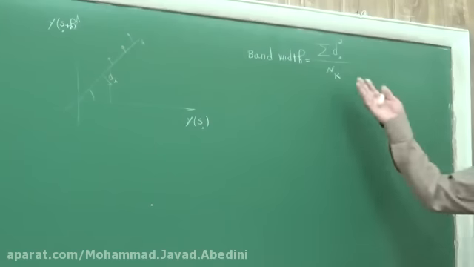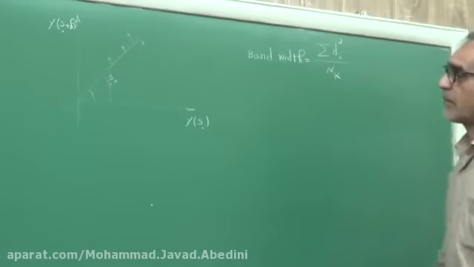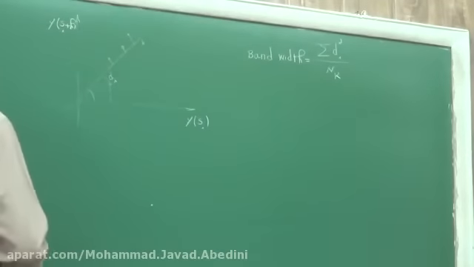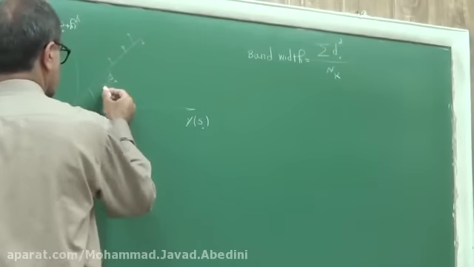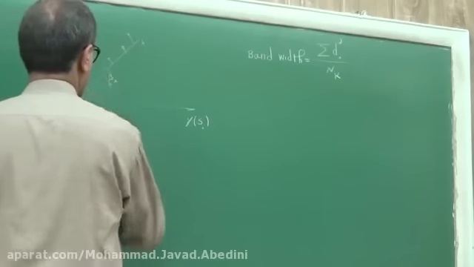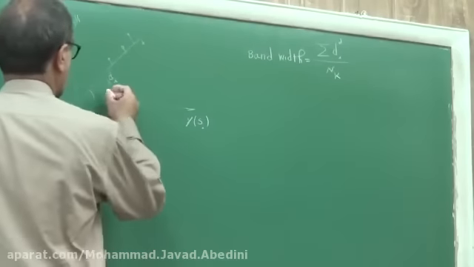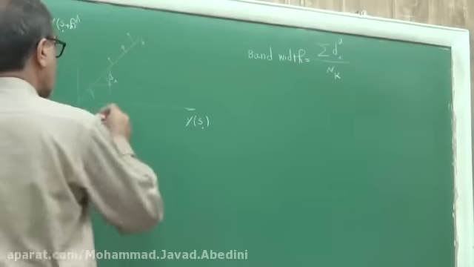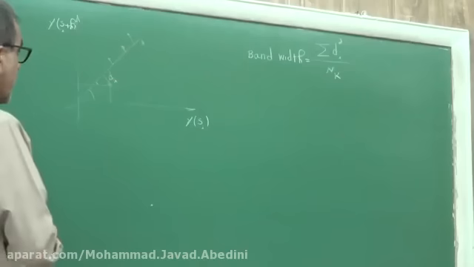How could it be possible to convert this to this equation? If this angle is 45, therefore this angle will be 45 as well.